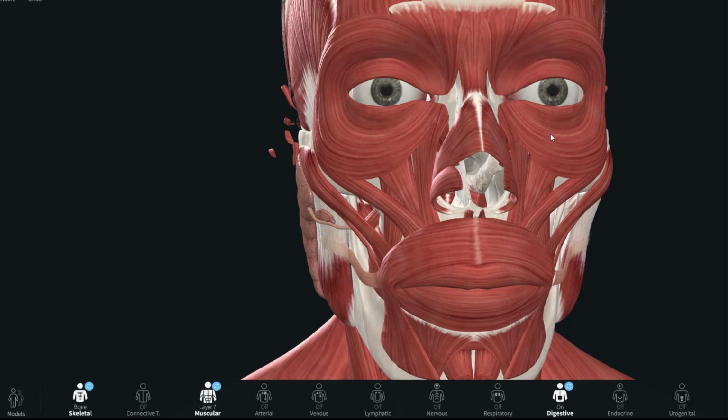If it moves above, it's called supraduction. Below, infraduction. However, if there is an internal rotation of the eyeball, that might seem a little unrealistic, but trust me, that actually happens.